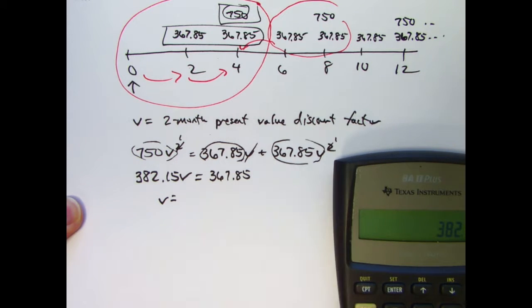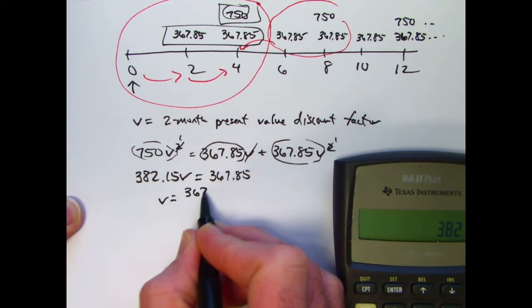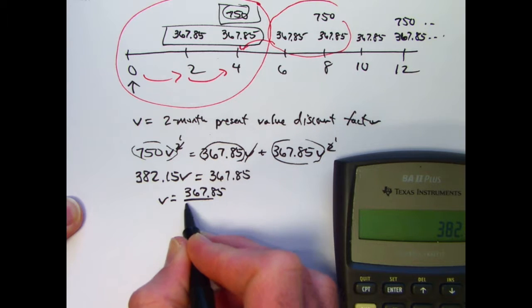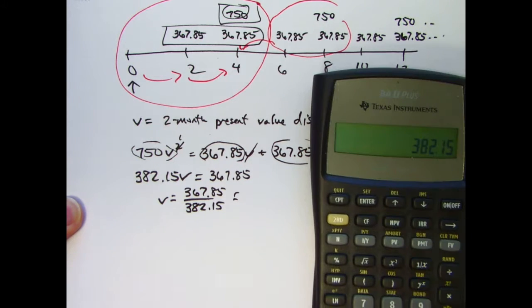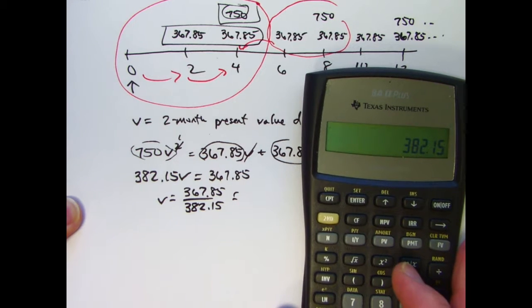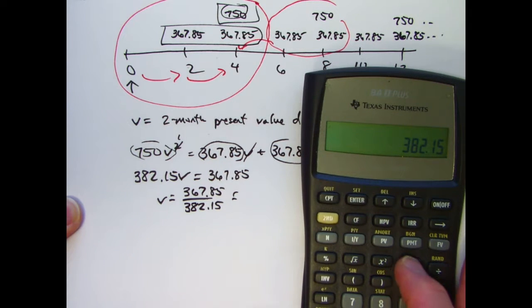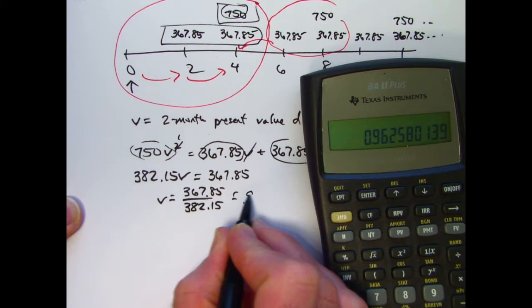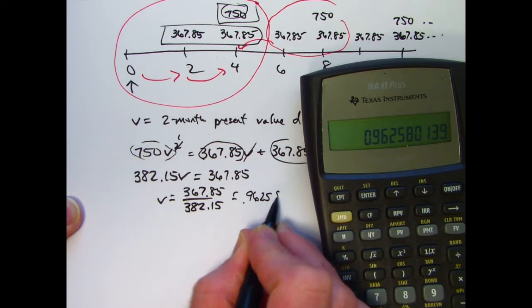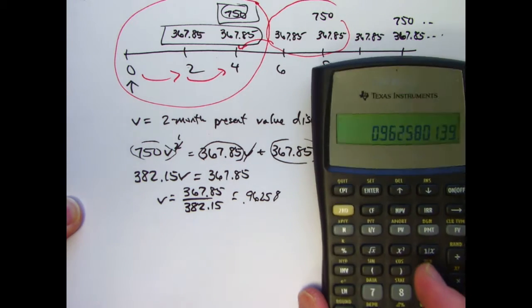So V is going to be the fraction 367.85 divided by 382.15. Let's take the reciprocal of the 382.15 and multiply by 367.85. Looks like V is 0.96258. I'll go ahead and round it to that.